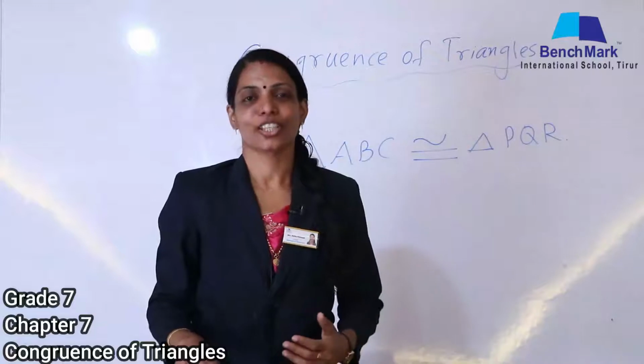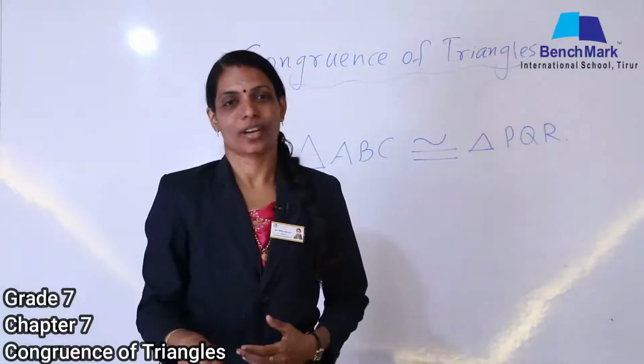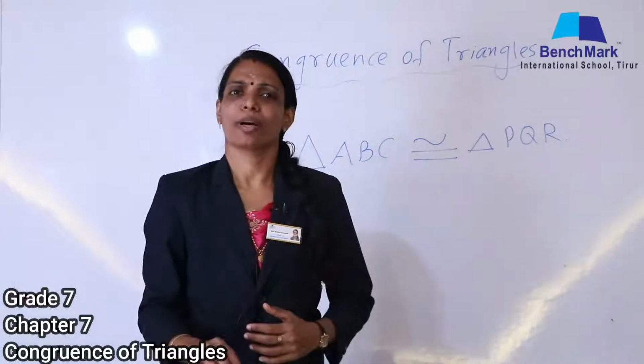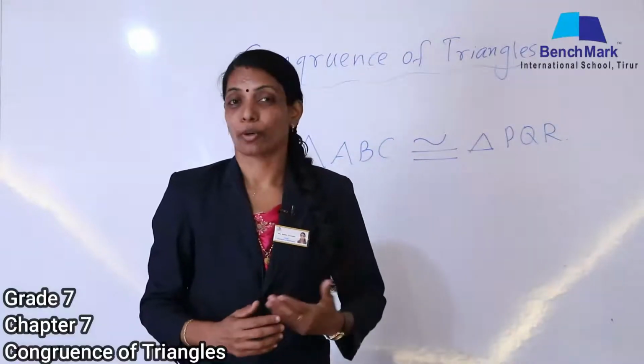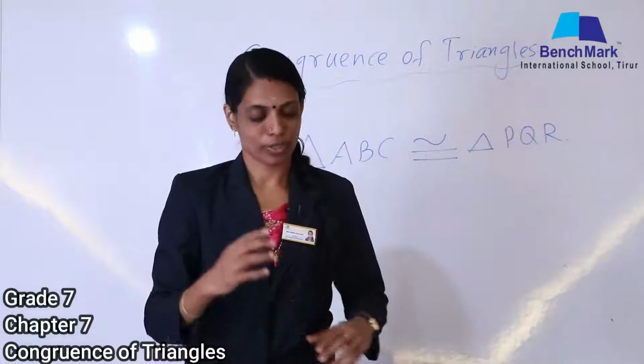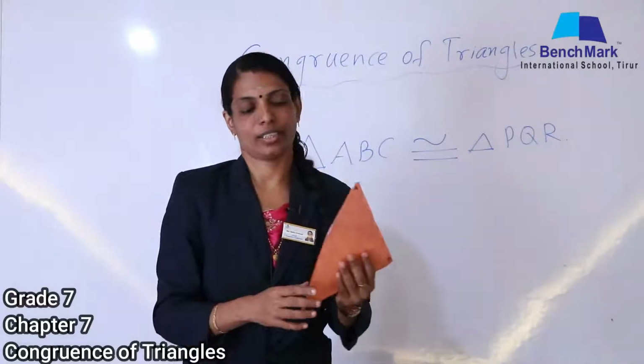We have just talked about congruence of some plane figures. After that, we are coming to an important shape and its congruence, and that is the triangles. Let's start the topic congruence of triangles. When we talk about congruence of triangles, we have to think about some important terms also. For that, let's take one triangle here.